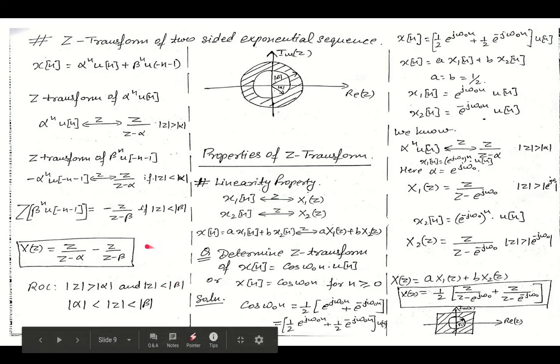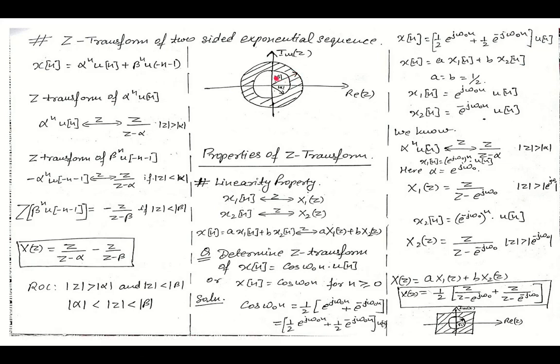So the ROC will conform to these two conditions, the common values between alpha and beta. So my ROC will be mod z greater than alpha and less than beta. So we can see that the outer circle, that is the beta radius, should be greater than the alpha radius. Then only we can get this circular ring, and my ROC will be inside this ring.